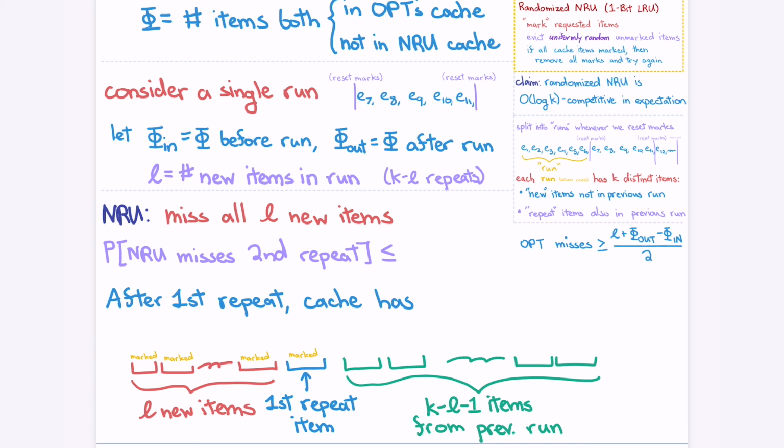Does that answer your question? This is a different repeat item. This is a new repeat item. Why did I write that? All right, so just to clarify, what I have written down is L over K minus one.